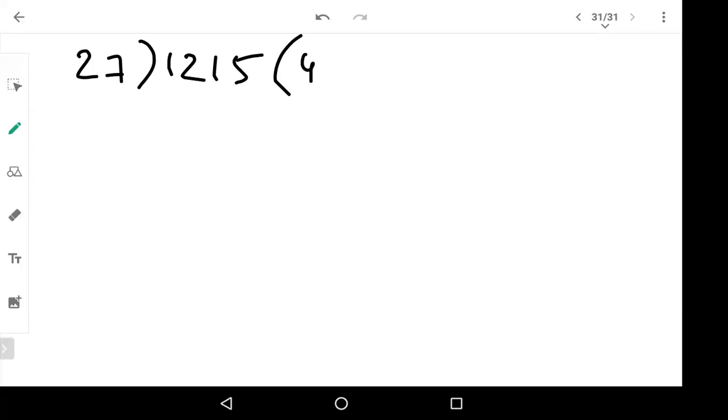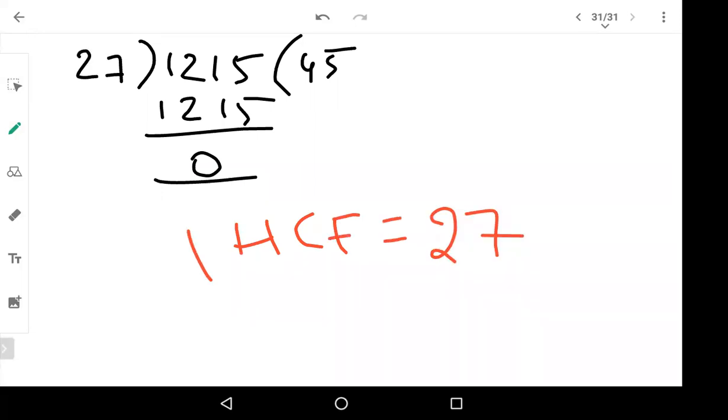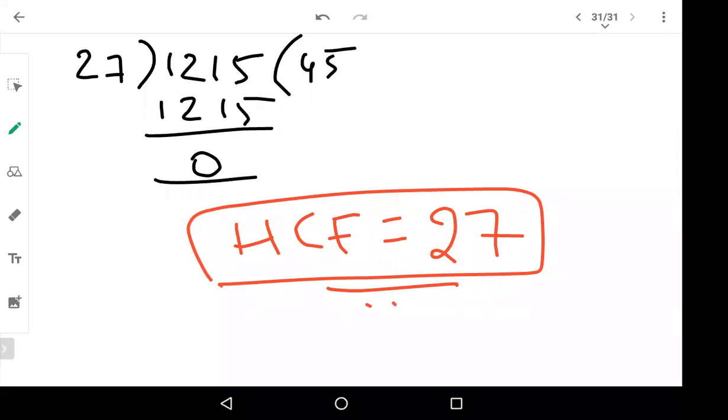Yeah, 45. 45 is 1215, and we get direct remainder 0. So very good. So the final HCF is also 27. Good.